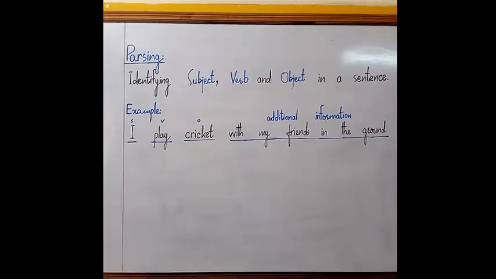So the first rule has been applied and you have parsed subject, verb and object out of the sentence. Additional information will always remain at its place. You won't make any changes in that. All we have to do is to make changes in subject, verb and object, and you will see it step by step.